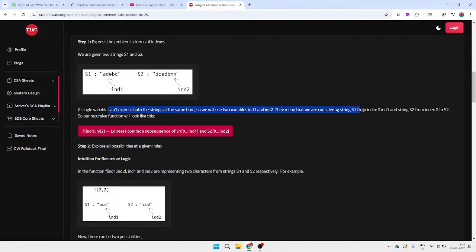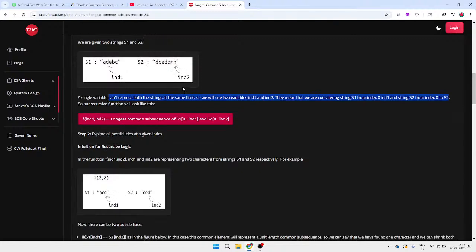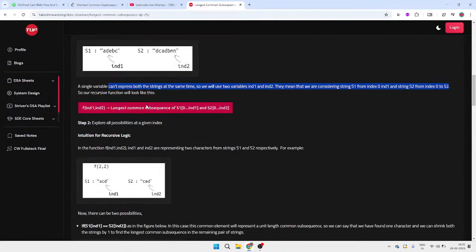Then we are considering S1 from index 0 and S2. Basically they use variables i and j. So i will mean from the start till the ith index, and j will mean from the start till the jth index. That's the definition of DP.